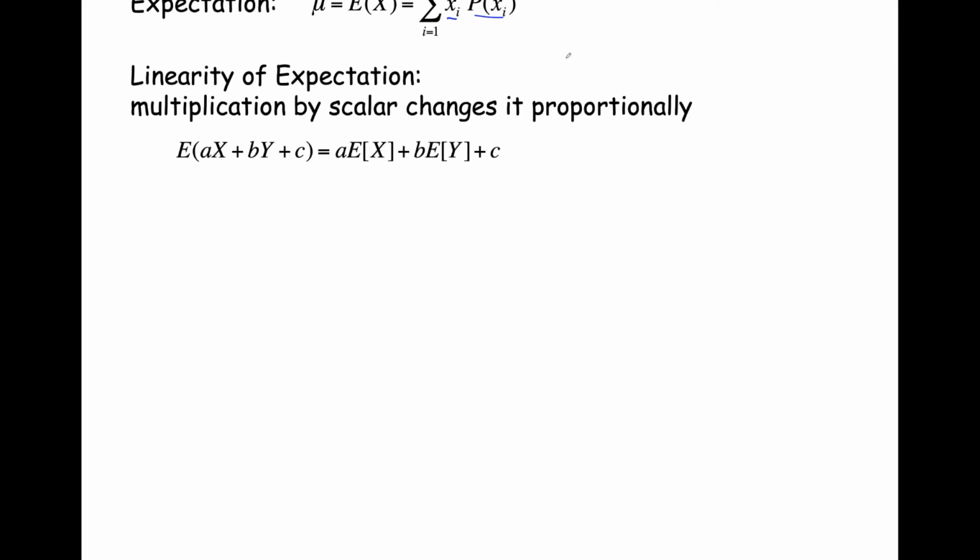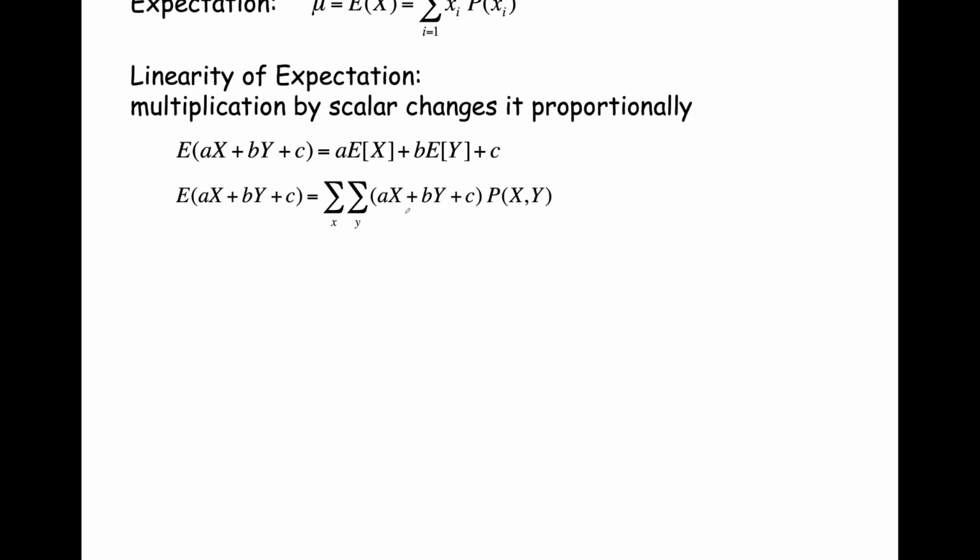Now, sometimes notationally, when we write expectation as mu, we give a little subscript like x, meaning it's the expectation of random variable x, or mu sub y, to mean that it's the expectation of random variable y. So we use this notation just to make it easier to understand expectation of what, or with respect to what, probability of x or probability of y.